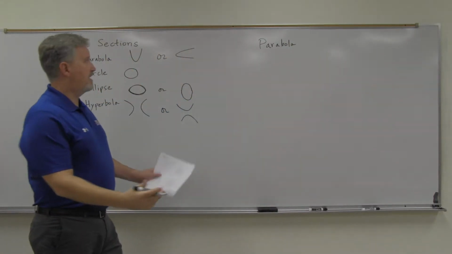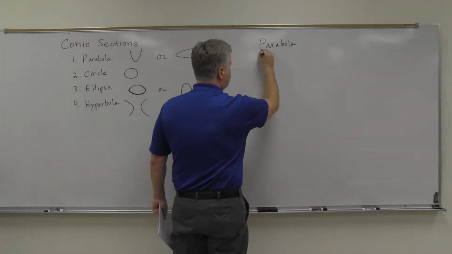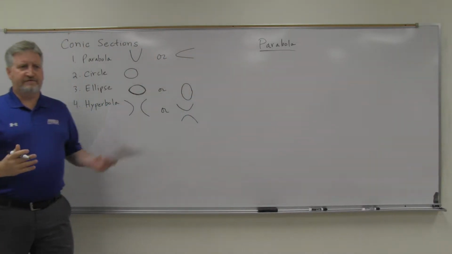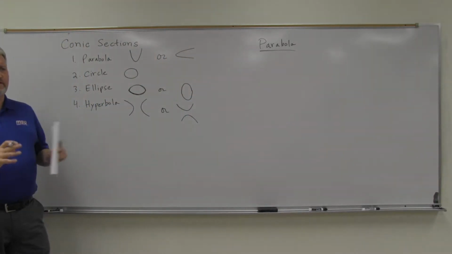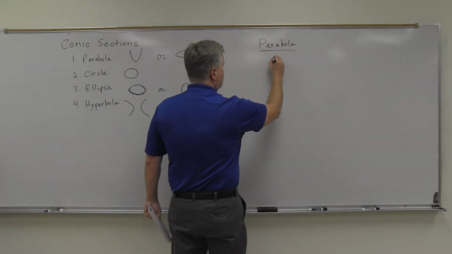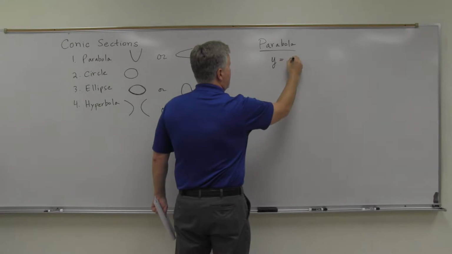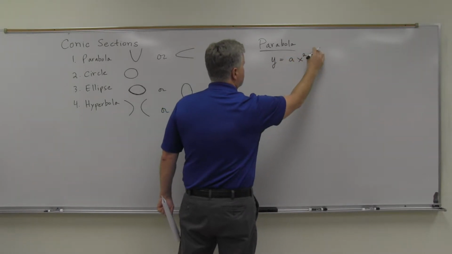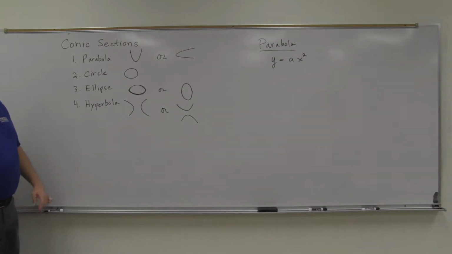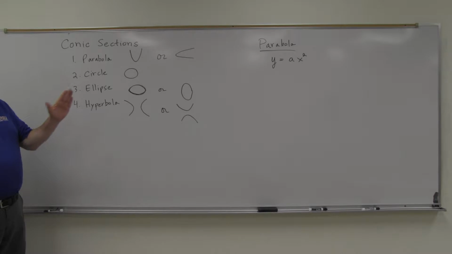So our regular parabolas, we'll focus on the ones that aren't shifted right now, and then we'll talk a little more about shifting next time. So this is without shifting. Let's call it y equals ax squared. Now, like I said, that was not shifted at all.